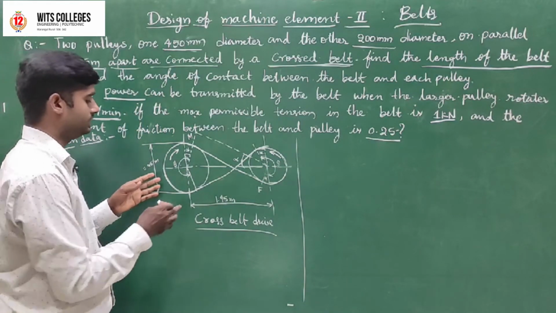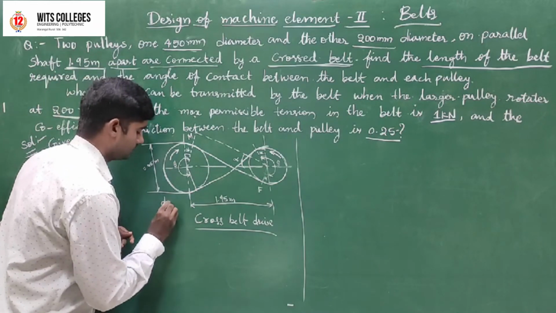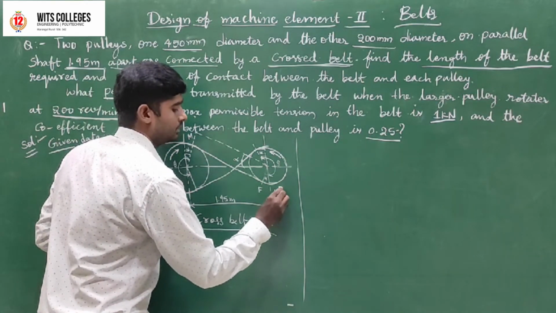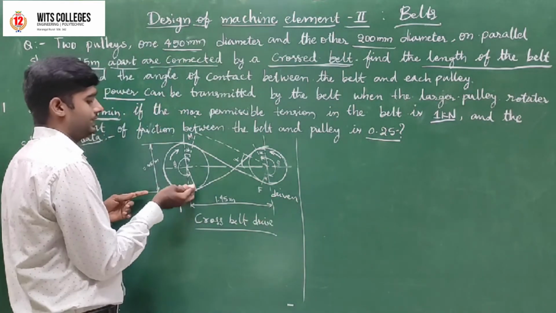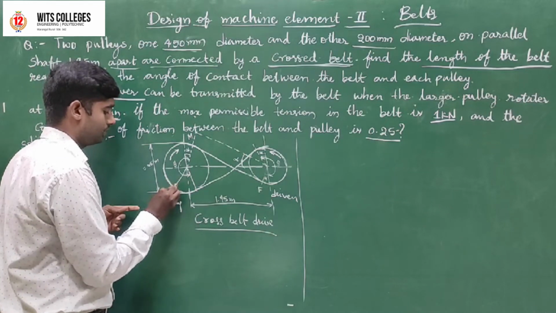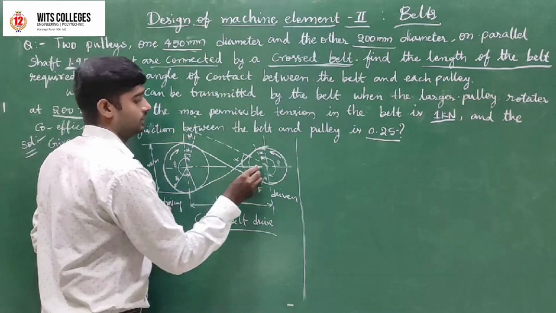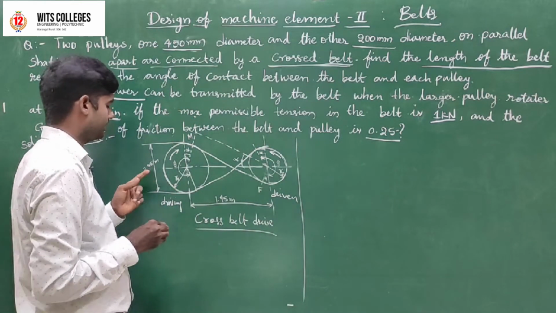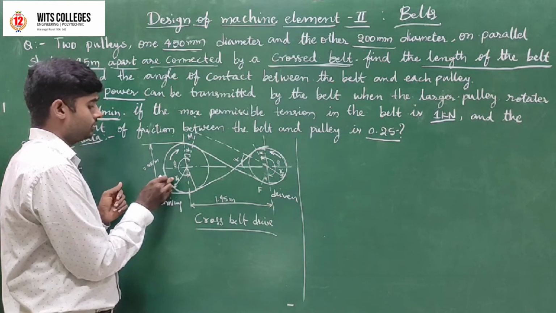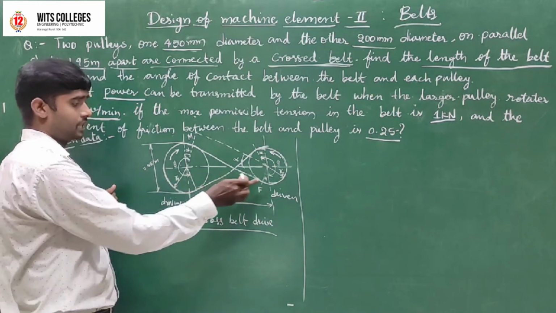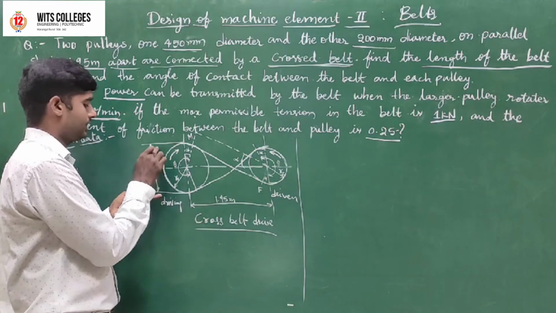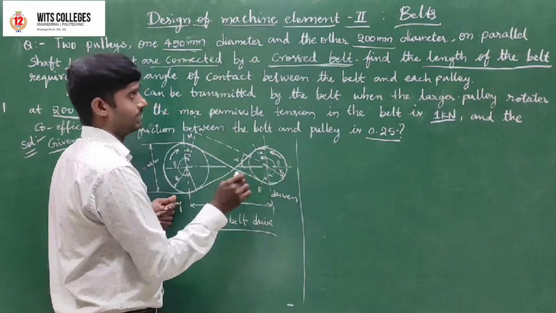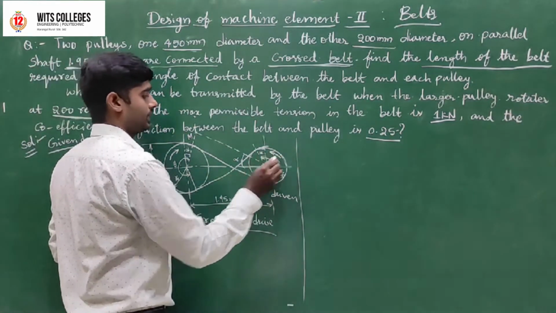In this cross belt drive, there is a driving pulley and a driven pulley. The driving pulley diameter is 450 mm and the driven pulley diameter is 200 mm.